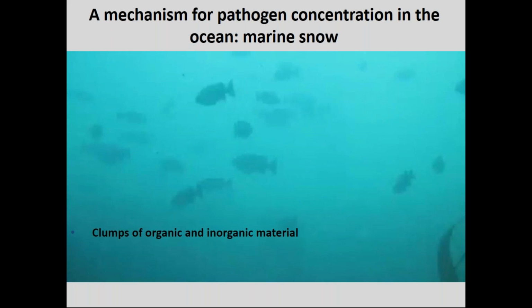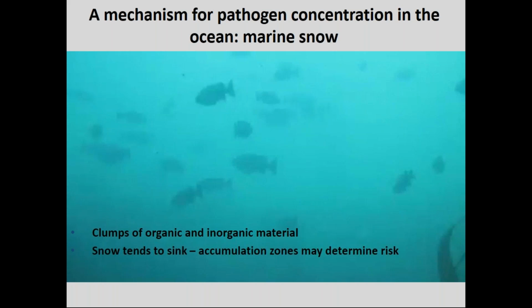So what she found was that marine snow is an area where organic and inorganic material accumulates. This is something that's been studied by others and in other systems. And she looked to see if Toxoplasma oocysts would also accumulate in marine snow.